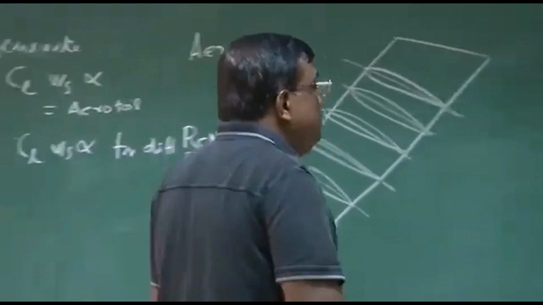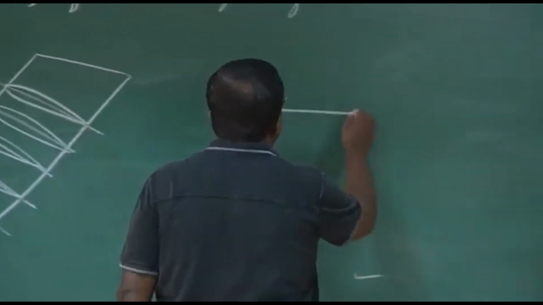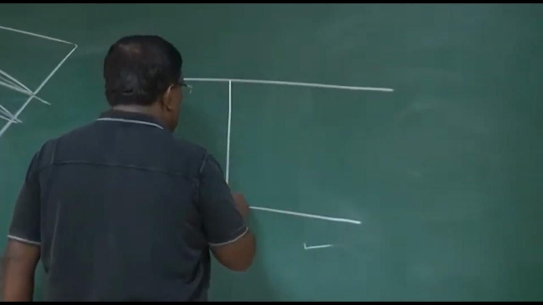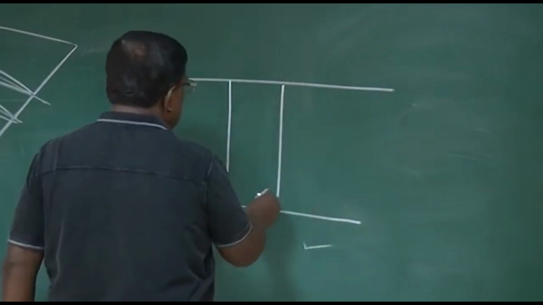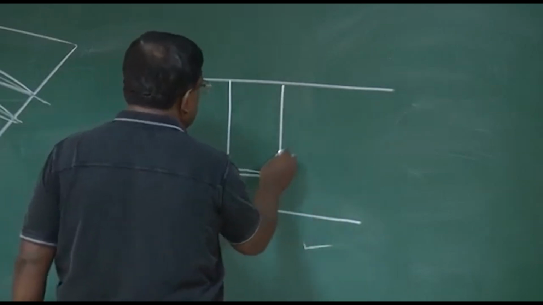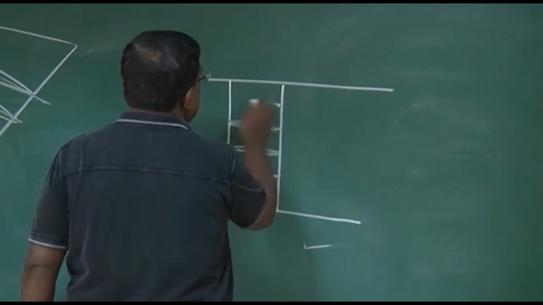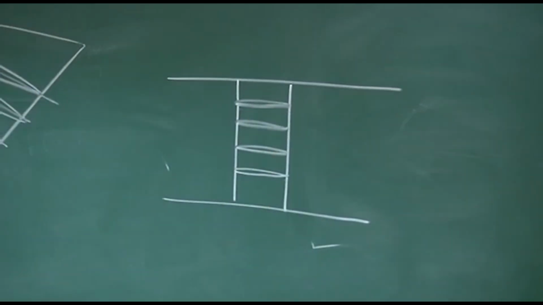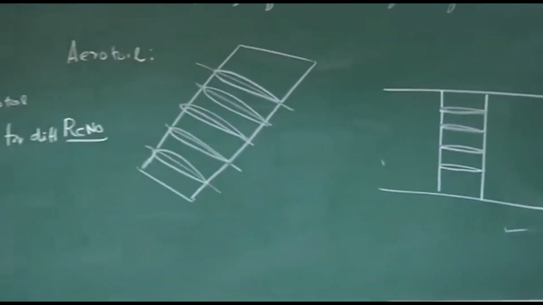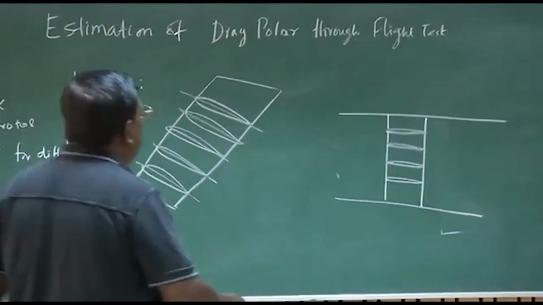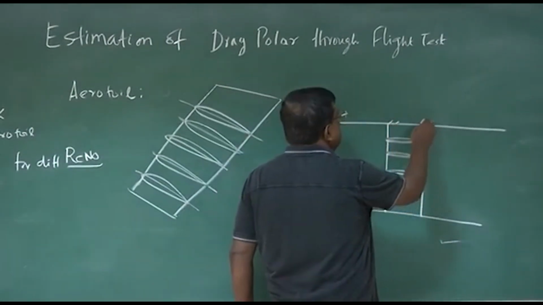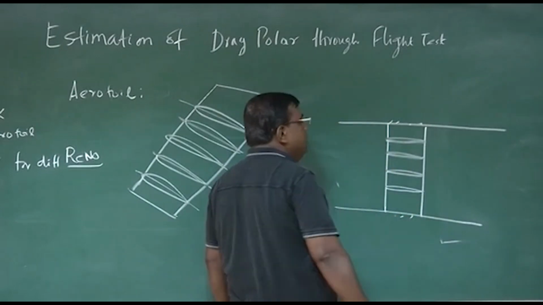So what is the practical, pragmatic way of doing it? Go in a tunnel and, end to end, you put a wing which has a shape like this. The contour is decided by the aerofoil, and now you have made the whole wing just touch the wall of the wind tunnel.